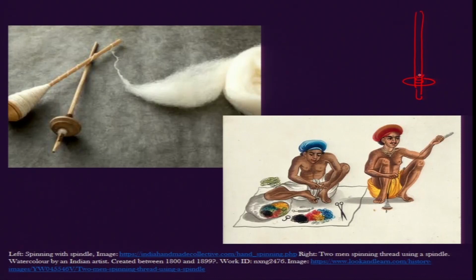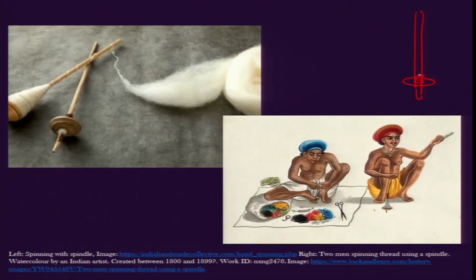Through this process of twisting and turning, the slight tension that is needed for pulling the fiber out of the lint is provided by this spindle.